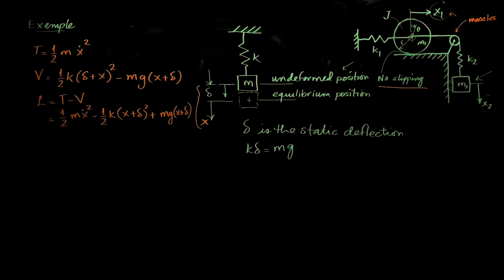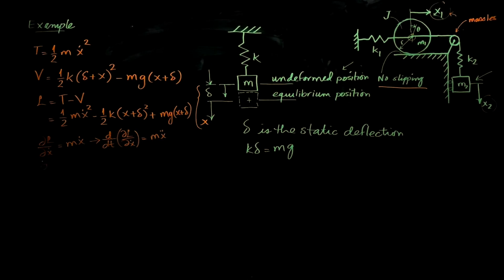Now the partial derivative of the Lagrangian with respect to x dot is just the first term, which is m x dot, and its total time derivative d by dt partial L partial x dot equals m x double dot.